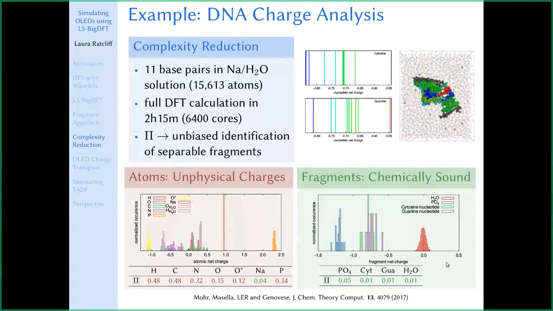This allows us to analyze the charges of fragments, so that we can see that the nucleotides are identified as separable fragments by this purity indicator measure. And so we can analyze what the charges are on different nucleotides in the system in a way which doesn't require any detailed knowledge of the system in advance, but comes purely out of the quantum mechanical calculation.